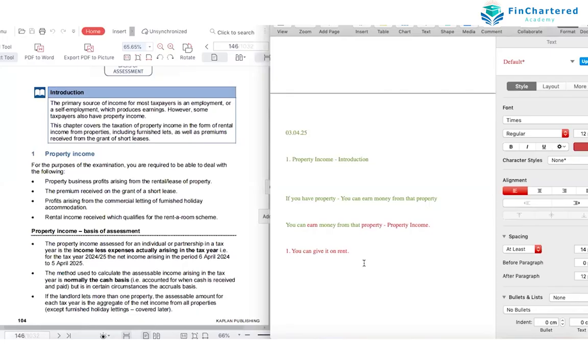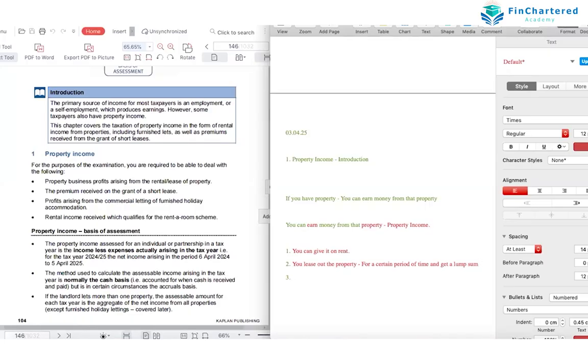That depends. But you can earn rent, or you can lease out the property for a certain period of time and get a lump sum amount. A part of that lump sum amount will be taxed.